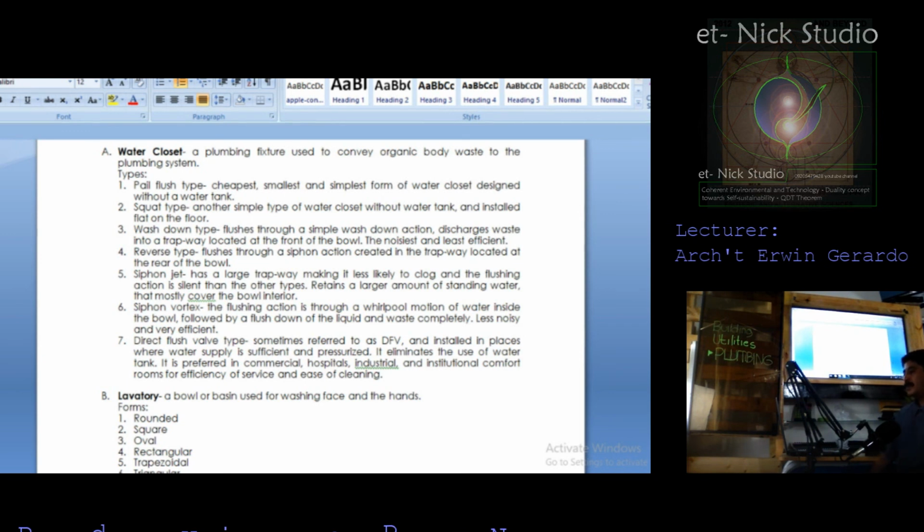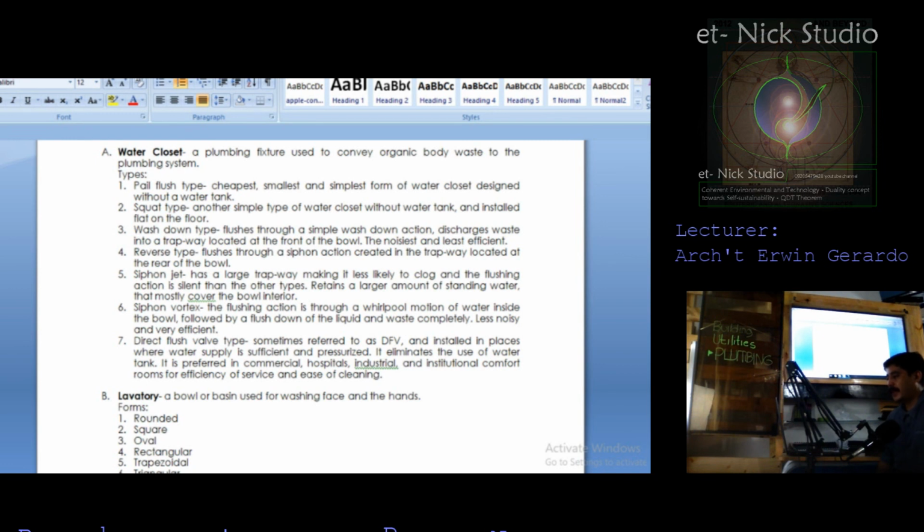The siphon vortex, the flushing action is through a whirlpool motion of water inside the bowl, followed by a flush down of liquid and waste, completely less noisy and very efficient.